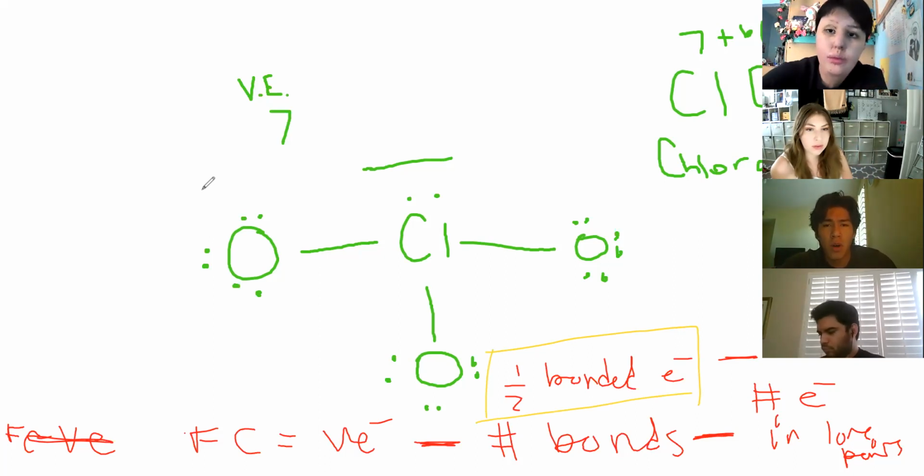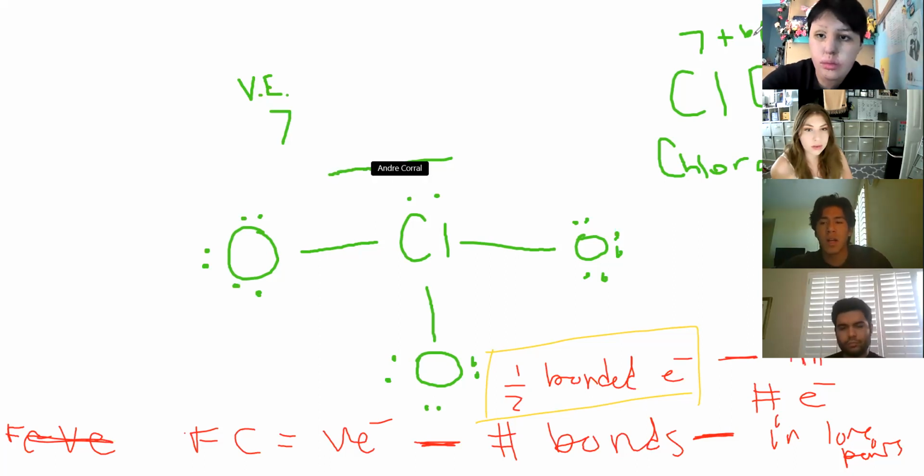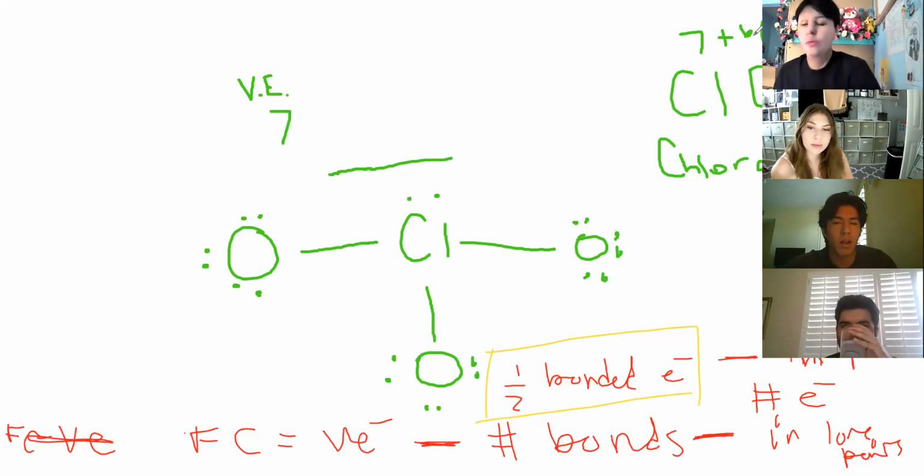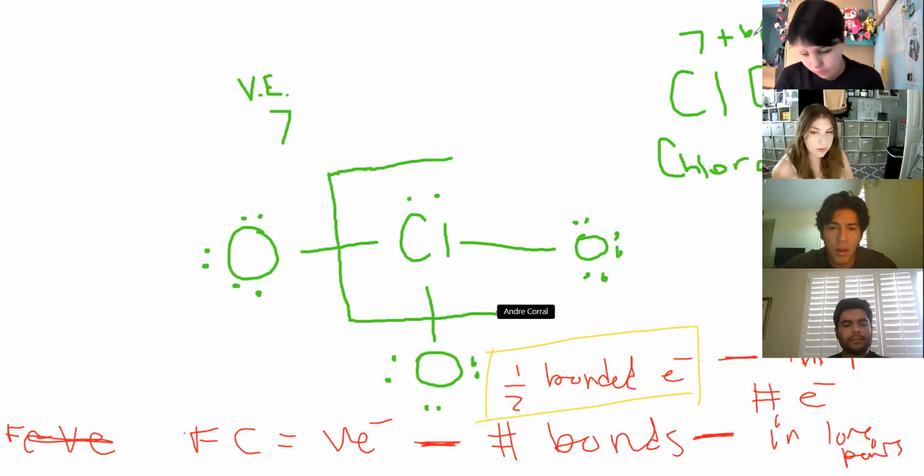So what I do is I like to make a little box around whatever central atom I'm looking at. We're looking at chlorine right now because that's what we prefer to look at for Lewis dot structures. I make a box that splits up every bond.